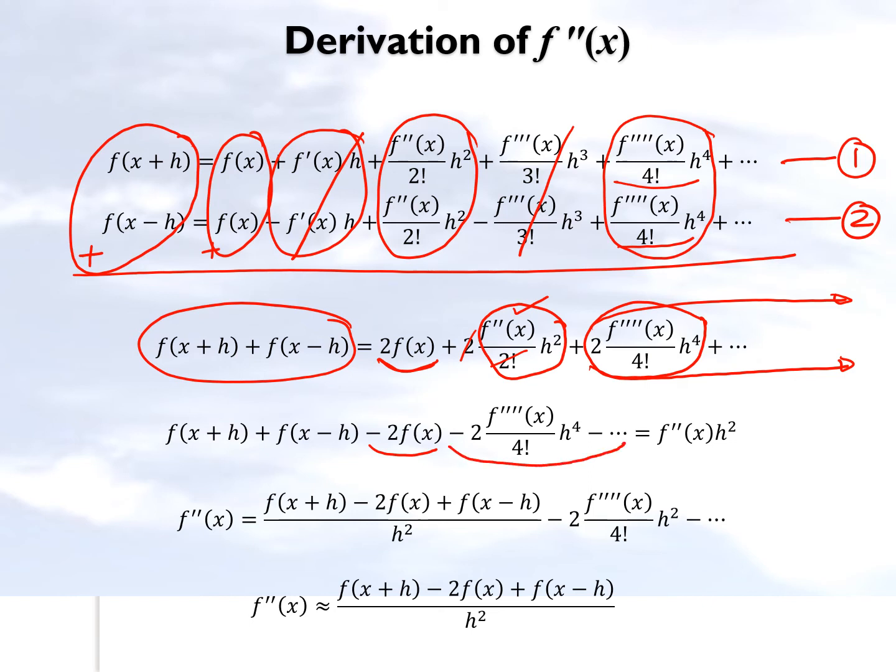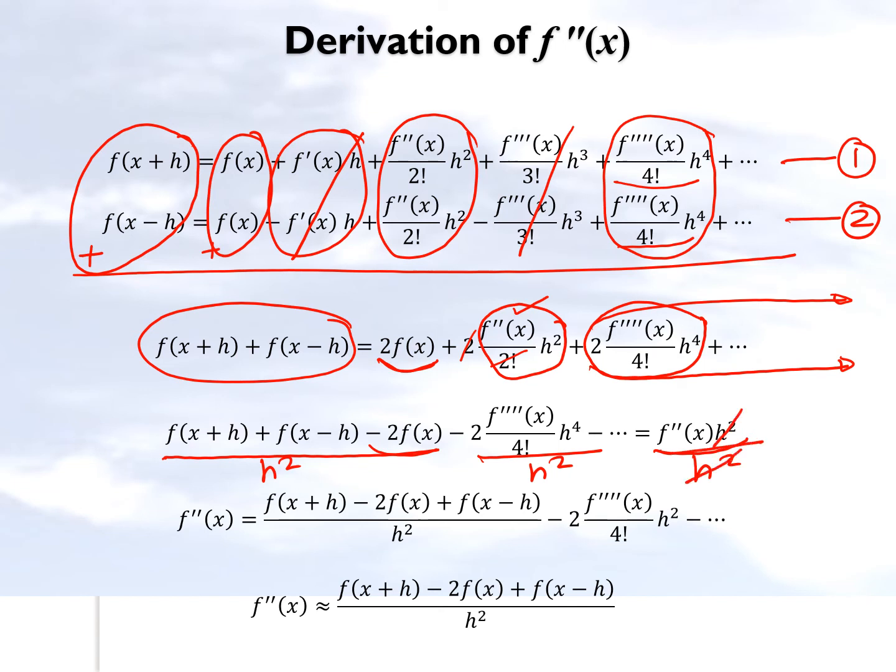And that's what I'm going to get right here. That leaves me with this expression on the right side of the second derivative of the function multiplied by h squared. So in order to find the second derivative of the function at x, I will divide by h squared, and I'll divide by h squared here. So what's going to happen is that I will be able to figure out the second derivative.